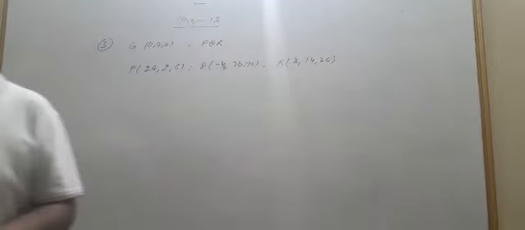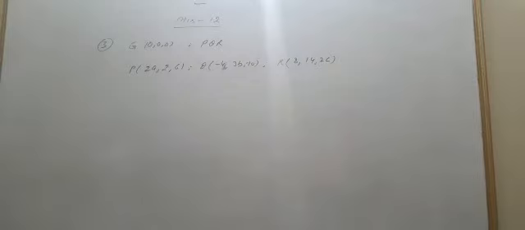See once again what is given. If the origin is the centroid, that is denoted by G, of a triangle PQR with vertices P given as (2a, 2, 6), Q given as (minus 4, 3b, minus 10), and R given as (8, 14, 2c).